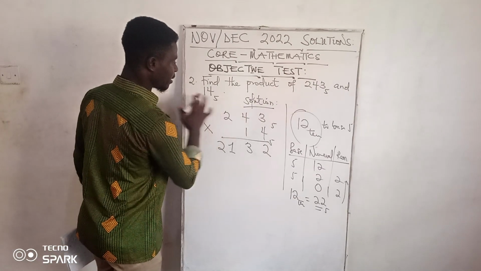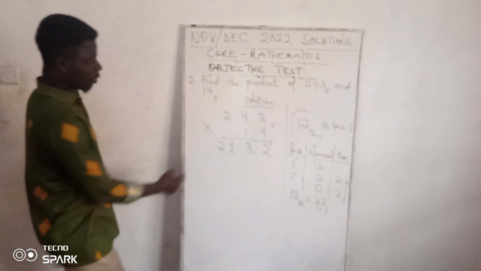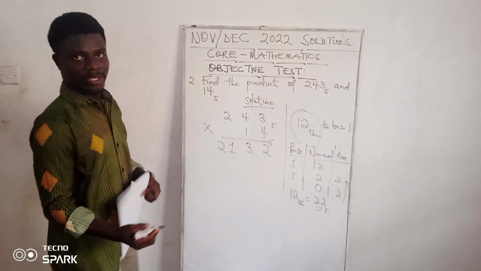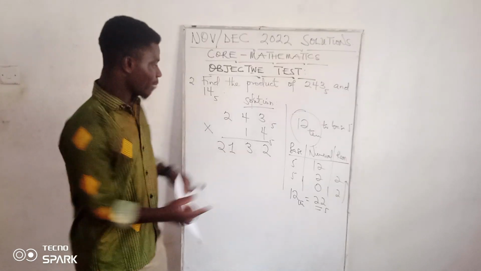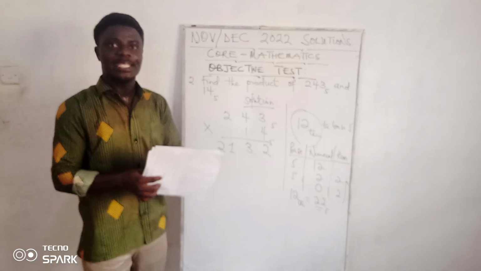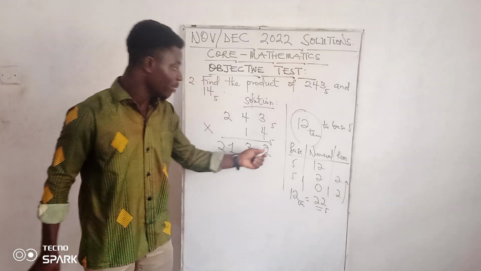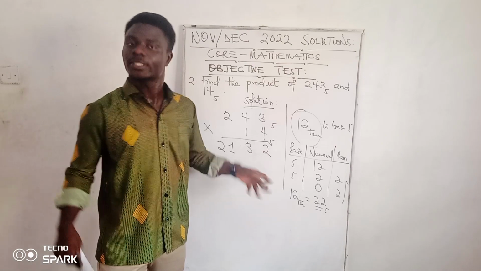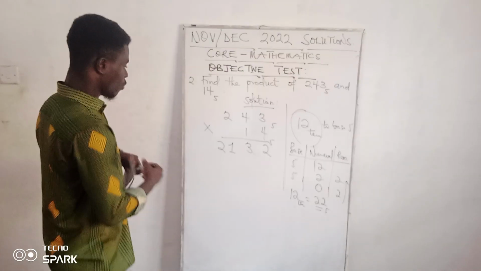So I claim this number 7, right? So now 1 times 3 is what? 3. Now 3 is in base 10, but here it's in base 5, right? Since the number is less than the base, our answer is still the number, right?